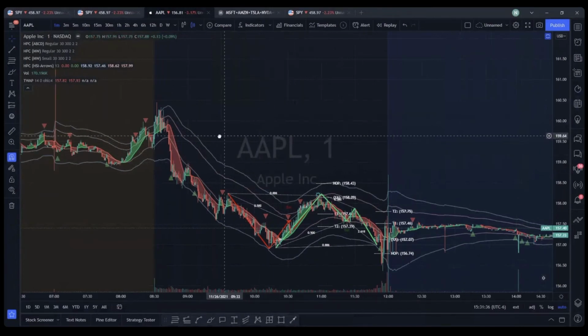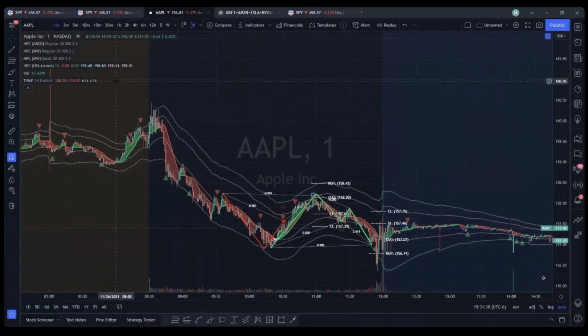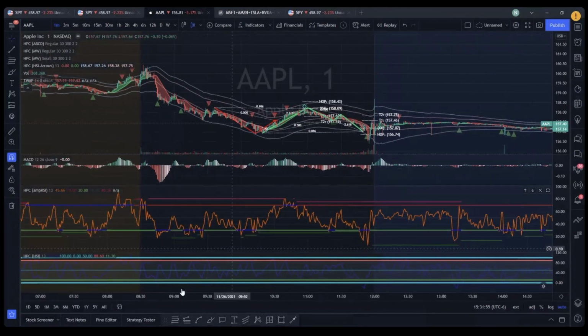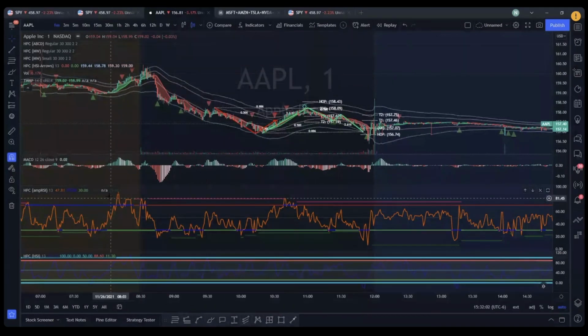Outside of that, I do use the opening range. I do use Bollinger bands. Scott Carney's indicator is very similar to Bollinger bands. I am a big fan of charting on RSI, except you don't see RSI on my charts because I've got Scott's indicator, and he's basically got an amplified version of RSI, but it works the same way.